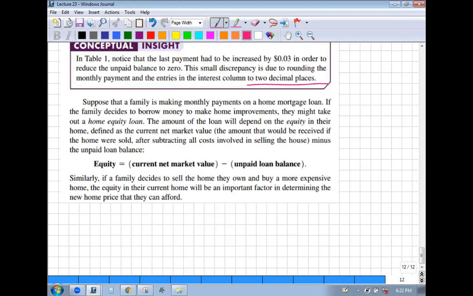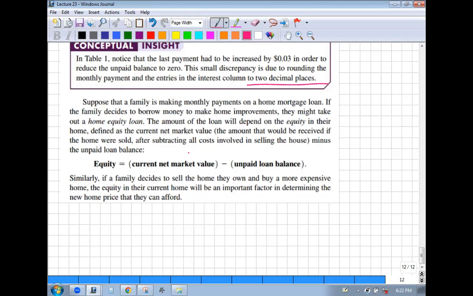Suppose a family is making monthly payments on a home mortgage loan. If the family decides to borrow money to make home improvements, they might take out a home equity loan. The amount of the loan will depend on the equity in their home, defined as the current net market value, the amount that would be received if the home were sold, after subtracting all costs involved in selling the house, minus the unpaid loan balance.